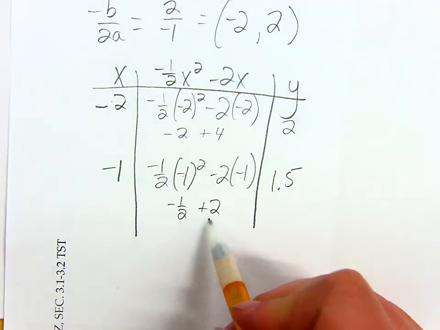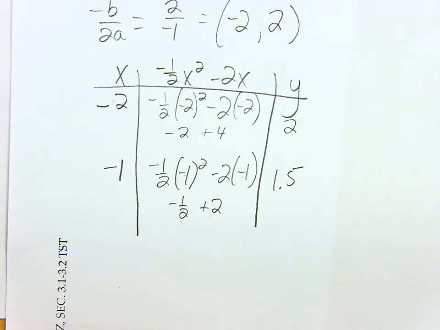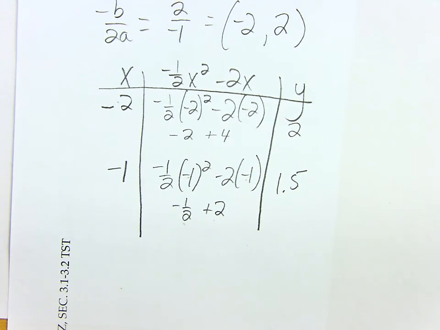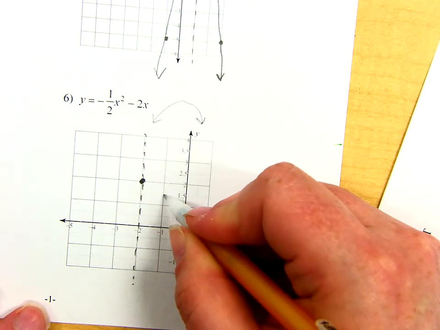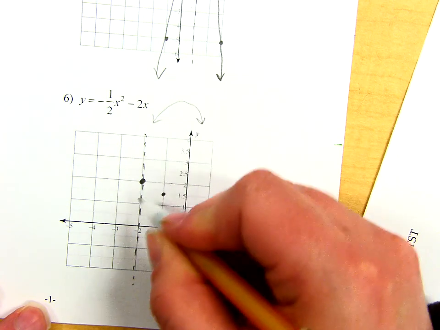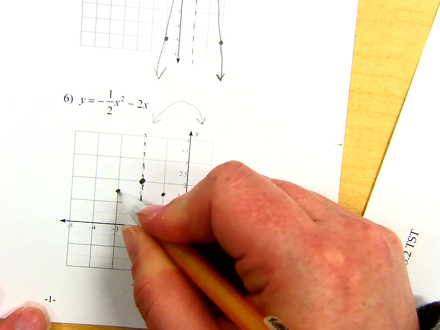Negative 0.5 plus 2, positive 1.5 comes out. So I go back to my graph. I can plot that. Negative 1, comma 1.5. I still get one, buy one, get one free.